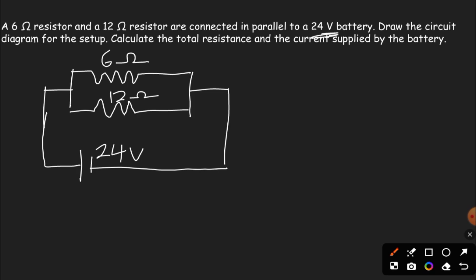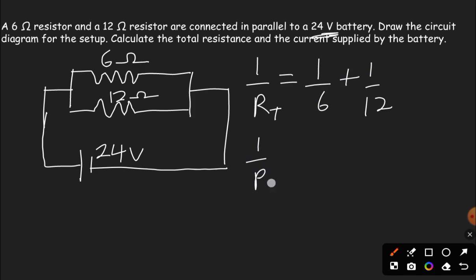So you are supposed to find the total resistance. Now, when it's connected in parallel, this is how you find the total resistance. 1 over RT, the RT represents total resistance, equals 1 over R1 plus 1 over R2. So R1 here is 6, plus 1 over 12.